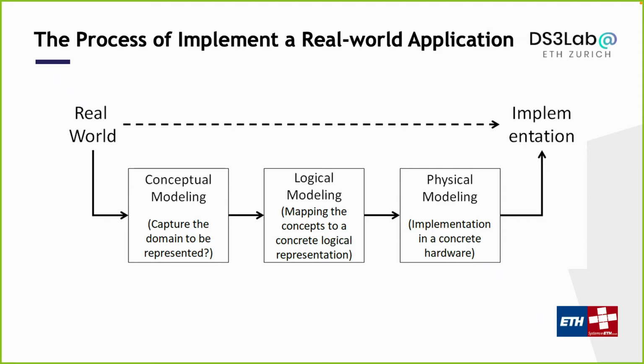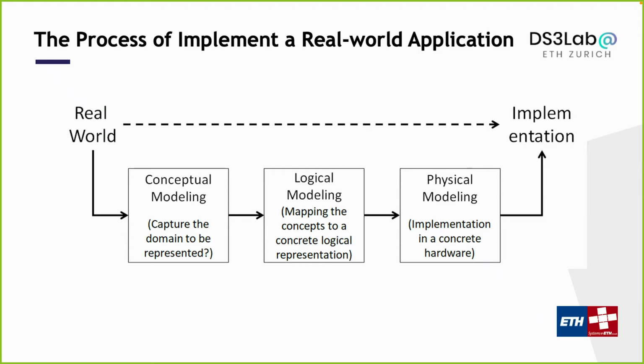The second step, called logical modeling, that we are going to talk about today, is the process that takes as input this conceptual model, your entity relationship diagram, and maps that to your relational schema inside your database. And as we are going to see, given the same conceptual model, there could be so many different ways you can design your logical schema.